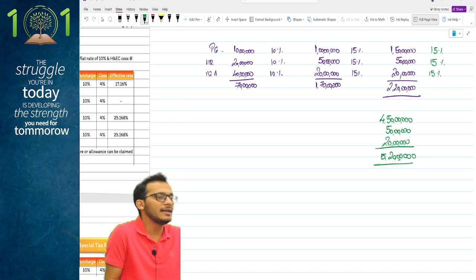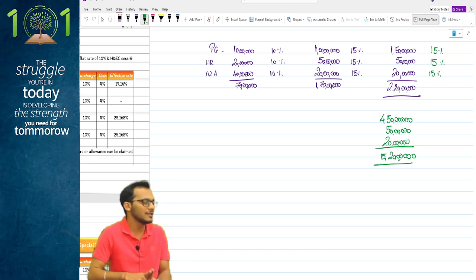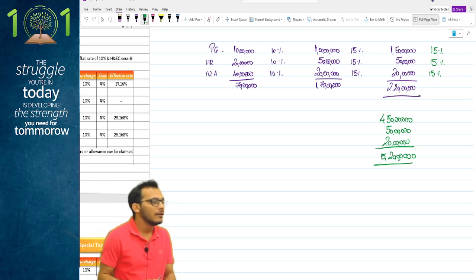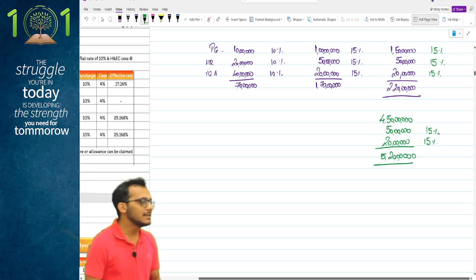The moment I know my income is liable for surcharge of 37, I will come and say, okay, hold back. Whatever is my special income will become taxable at 15. So I will automatically say this becomes 15, this becomes 15. This leaves me with my normal income.